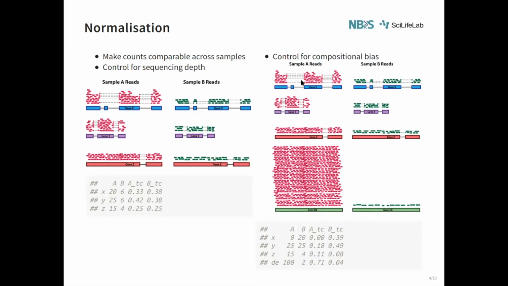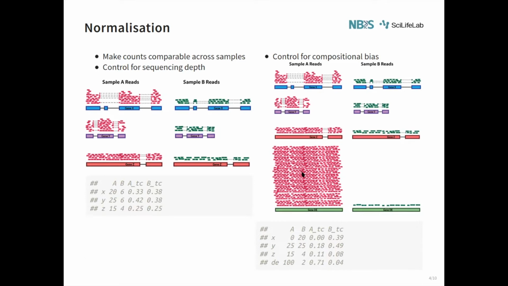Another way to think about it is as a pie: a very large proportion of the pie is made up of reads from this particular gene because it is highly overexpressed, and the proportion of the other genes will be much smaller. This is what is called a compositional bias. It's a bias due to overexpression of one or a few genes.